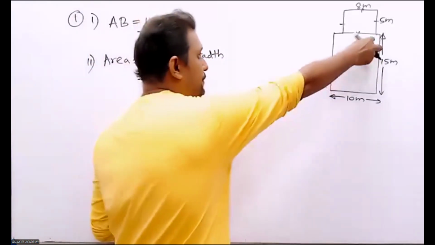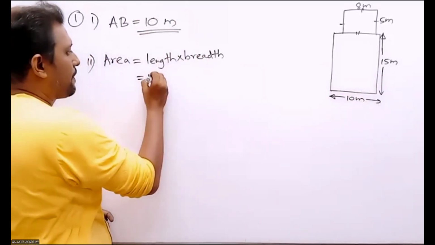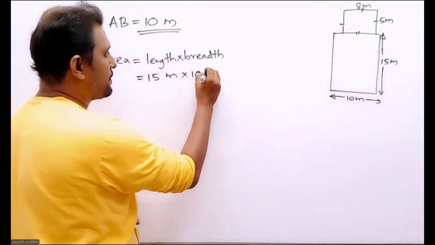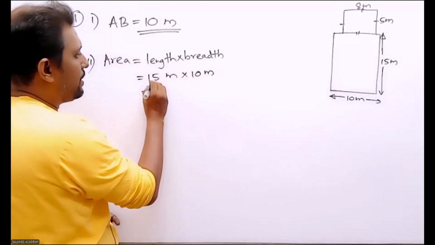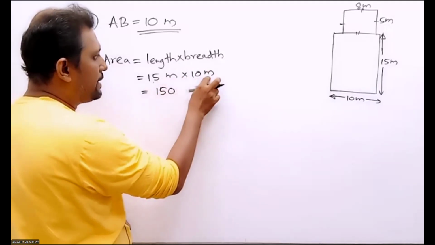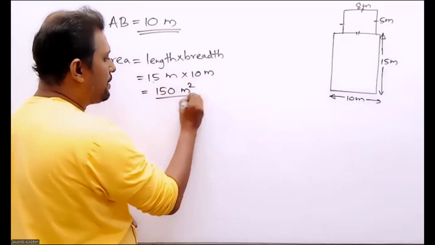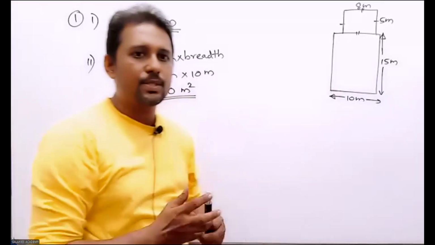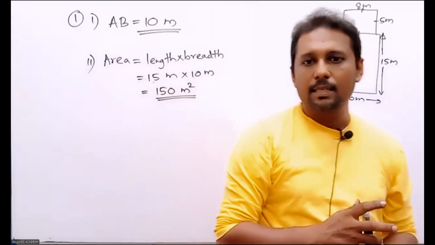Length is 15 meters. Breadth is 10 meters. So what is the area? 15 multiply 10, 150 meters multiply meters, square meters. Right? 150 square meters. It is the second part.